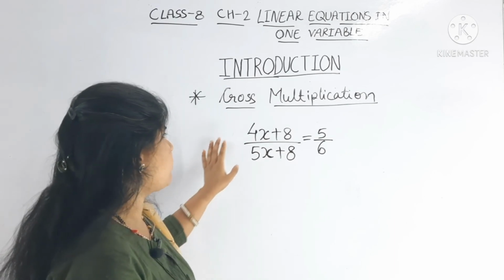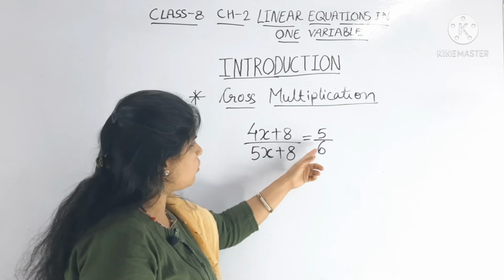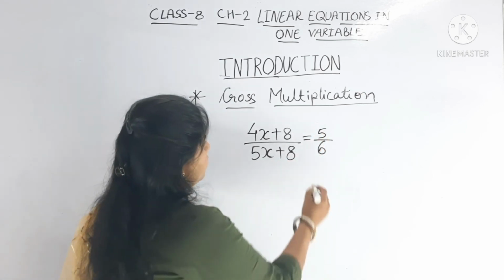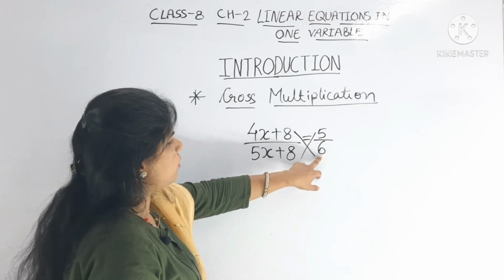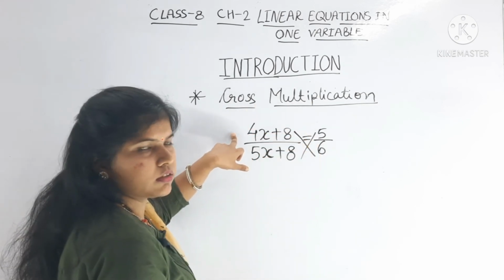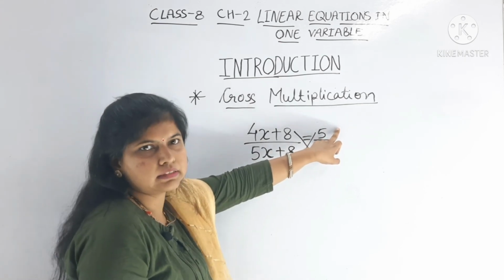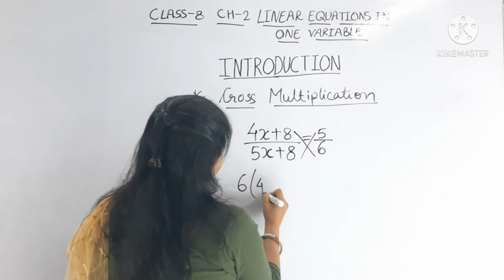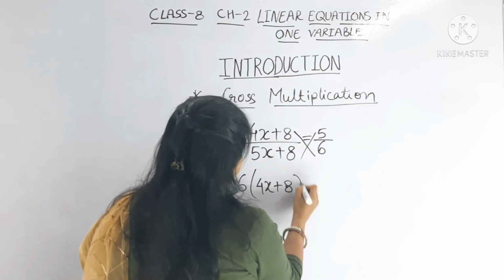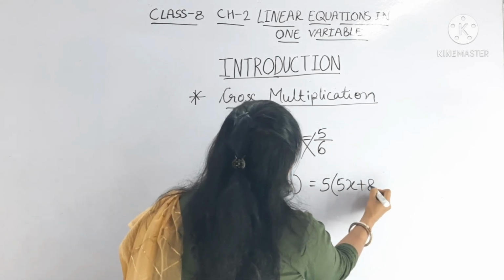Like I have an example here: 4x plus 8 divided by 5x plus 8 equal to 5 by 6. Firstly, what you have to do is just cross it. This denominator will go here and this denominator will go to this side. So simply, 6 into 4x plus 8 is equal to 5 into 5x plus 8, right?